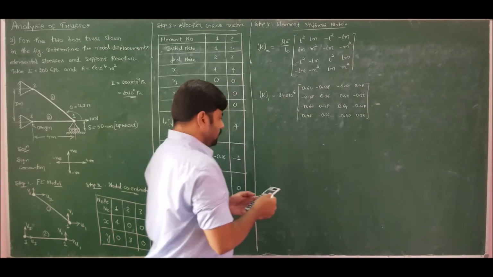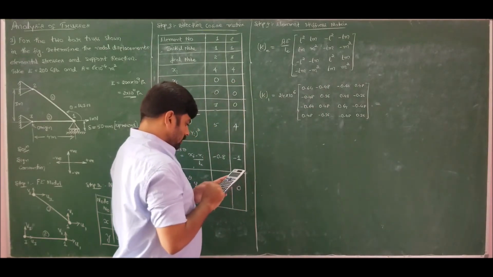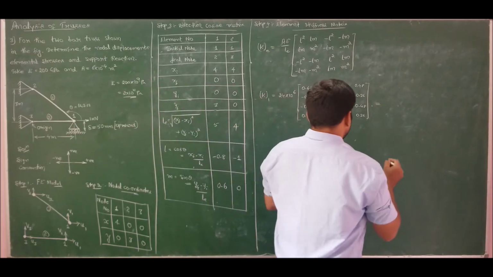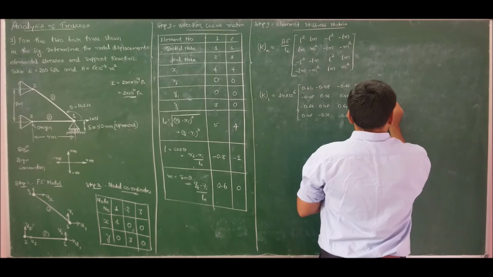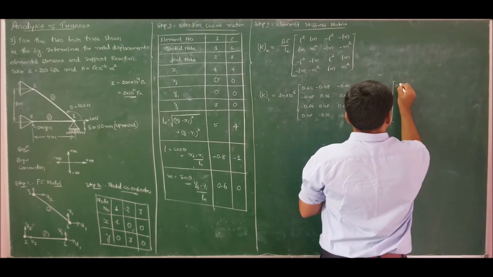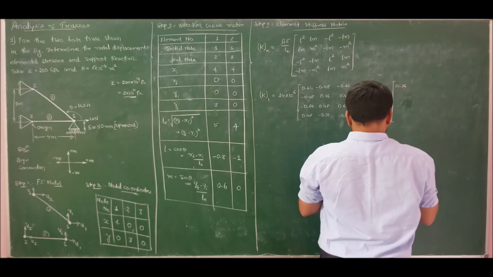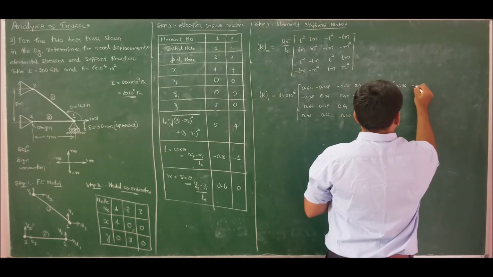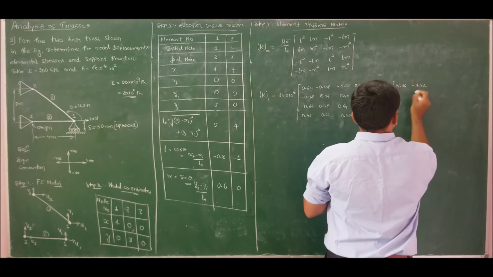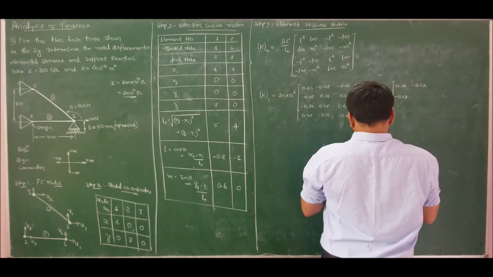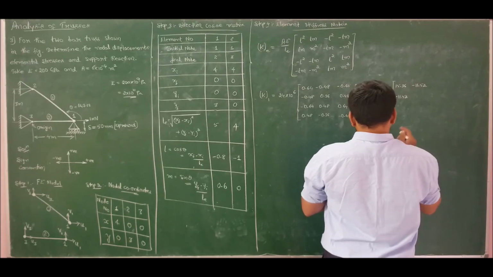So if I multiply by 24, I will get 24 into 0.64, which is 15.36. So 10 to the power of 6 times 15.36. 0.48 into 24 is 11.52, and 0.36 into 24 is 8.64.